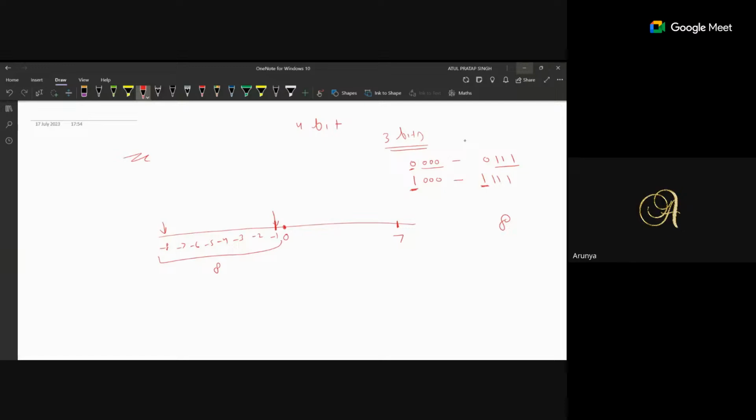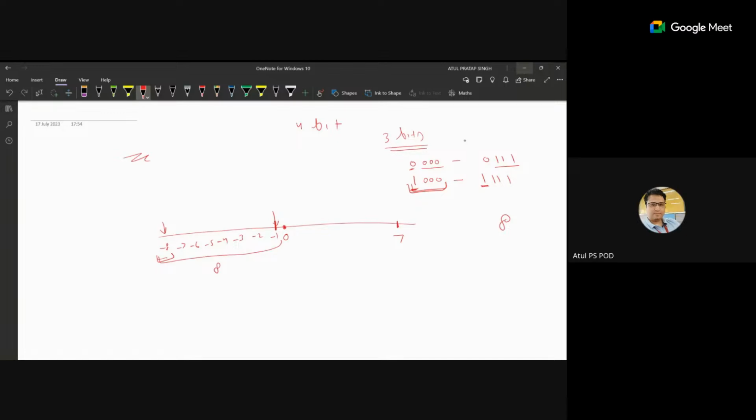So this range is generated like this. This 1000 value is representing -8.